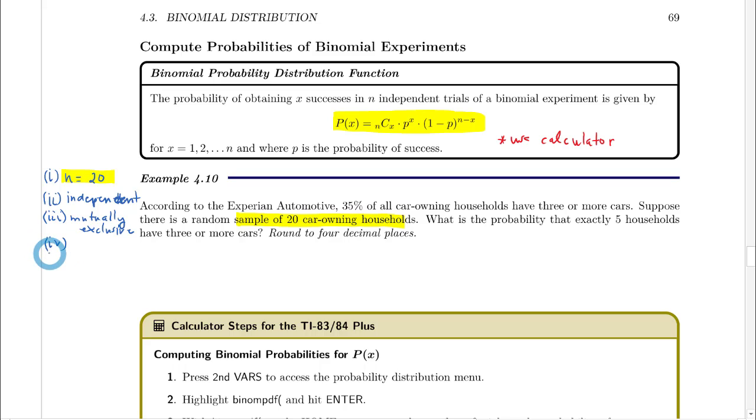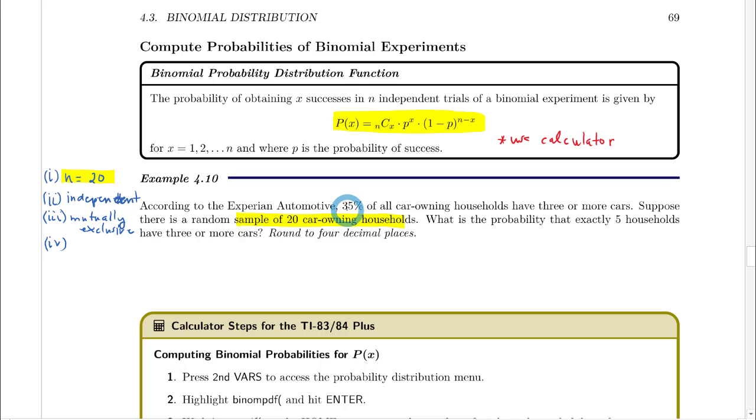The last part is the probability of success, where the probability of success is fixed for each trial. When they did the survey, they saw that 35% of all car-owning households have 3 or more cars.